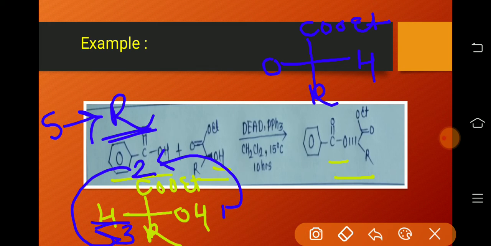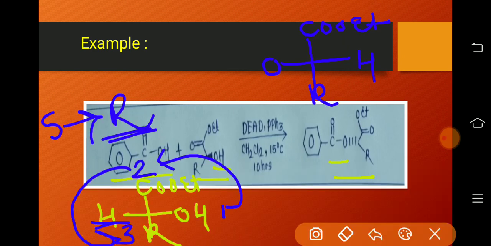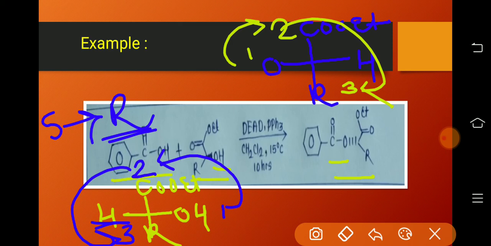Numbering: oxygen gets first priority, carboxylate second priority, alkyl third priority. 1 to 2, 2 to 3. It is clockwise, but again here hydrogen is on the horizontal line, therefore R converts into S.